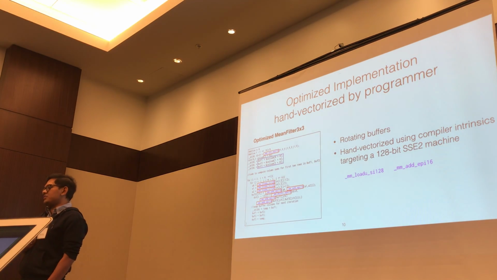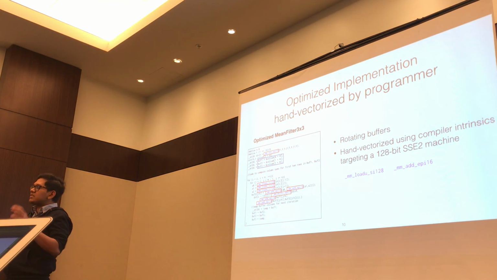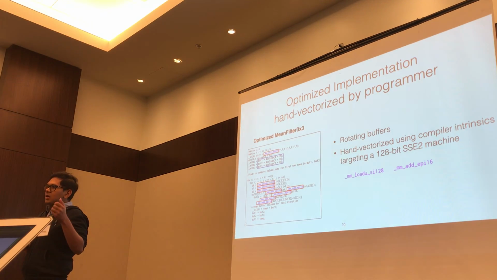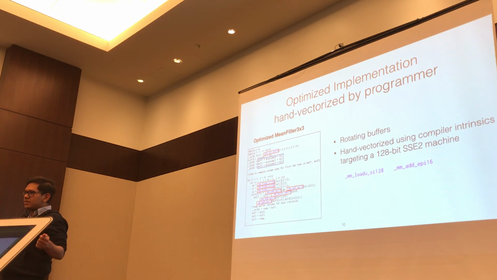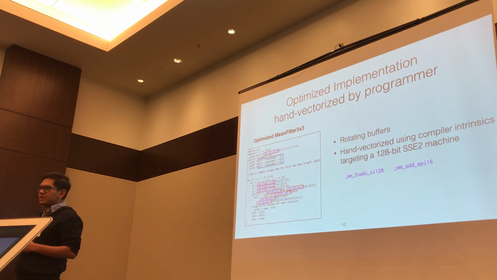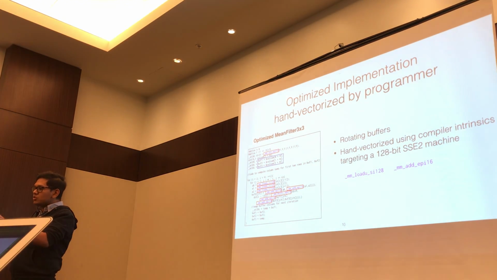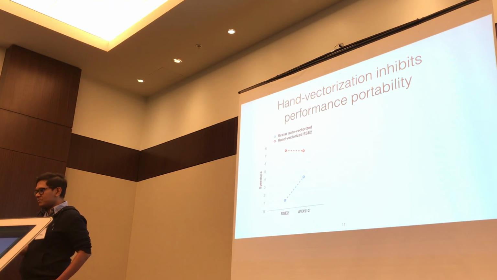Then we did a small experiment where we ran the scalar code, the naive code that I showed you before, vectorized on an SSE2 machine as well as on an AVX512 machine, and then we used this hand vectorized code and did the same experiment on it. And these are the speedups that we show.